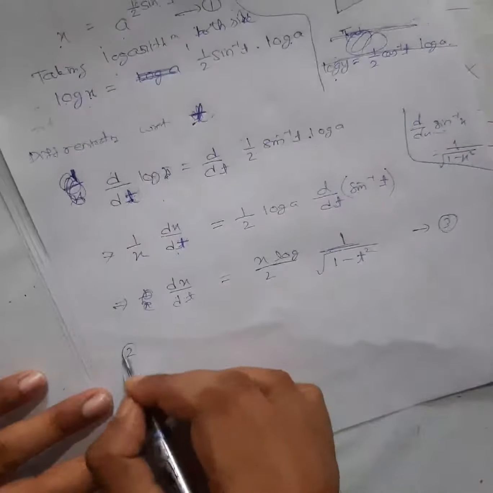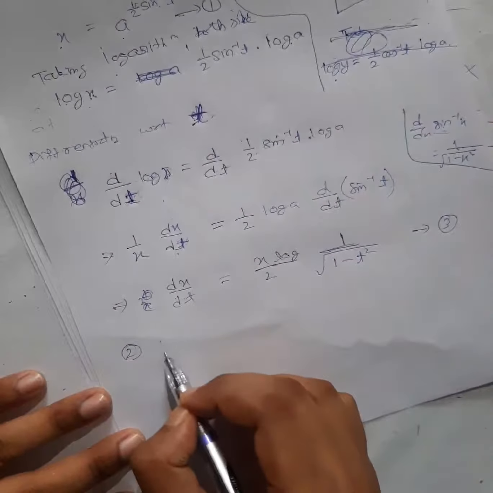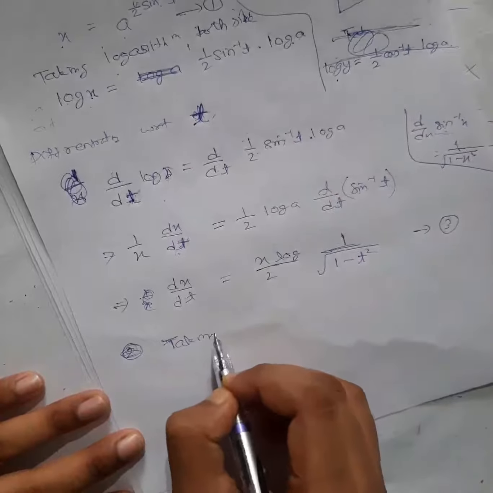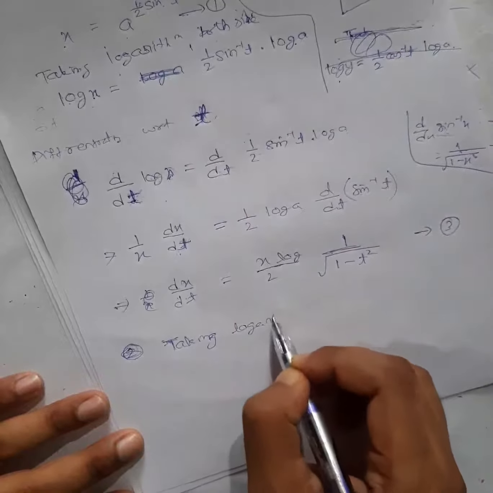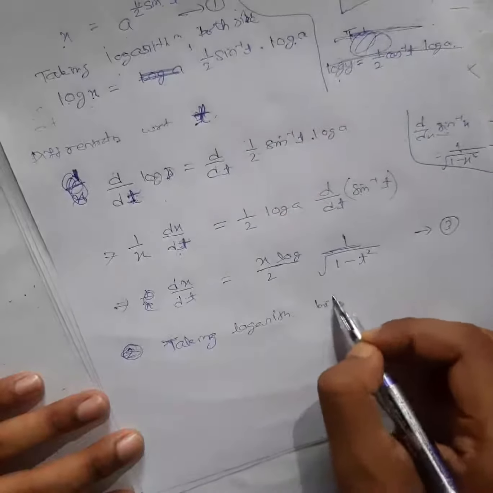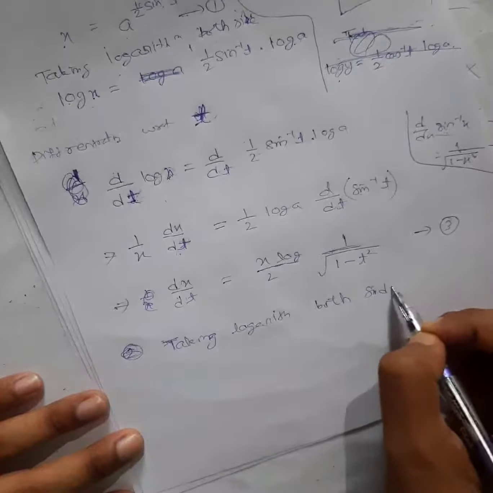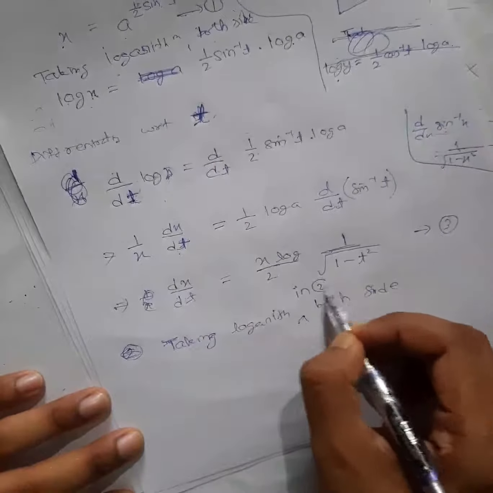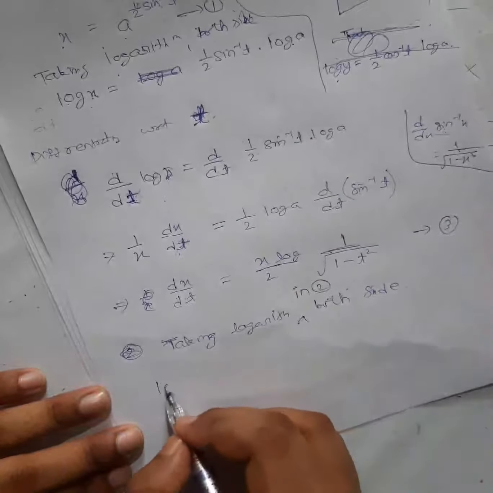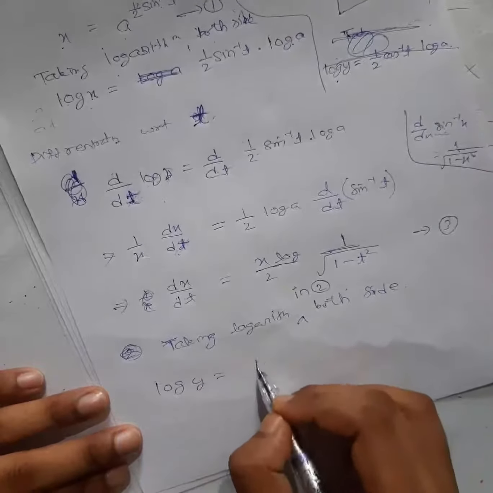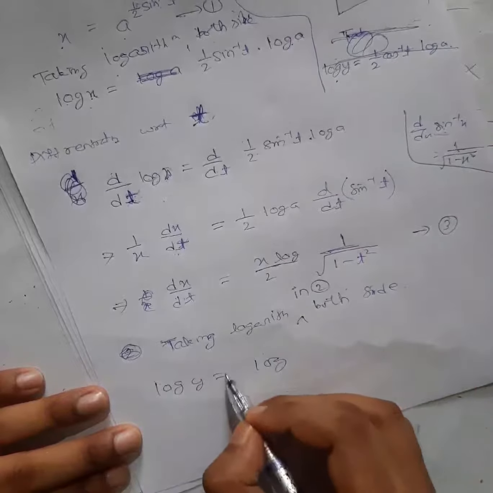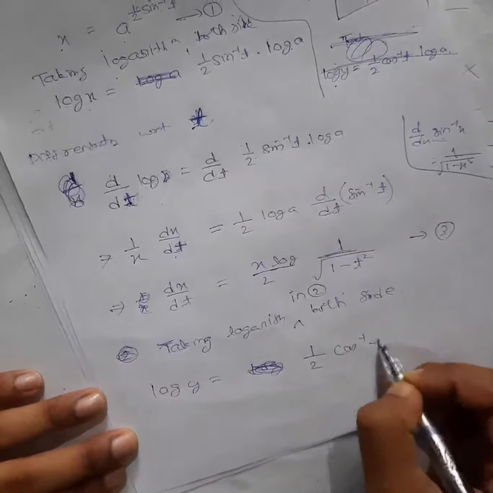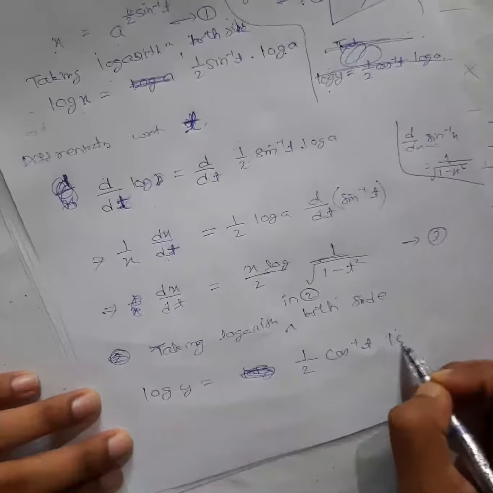So, taking logarithm on both sides in 2, what will we get? Log of y is equal to log of, 1 by 2 will come as a coefficient, right? cos inverse t log of a.